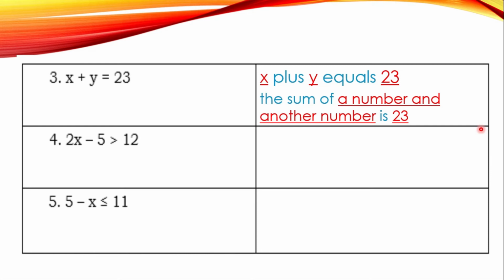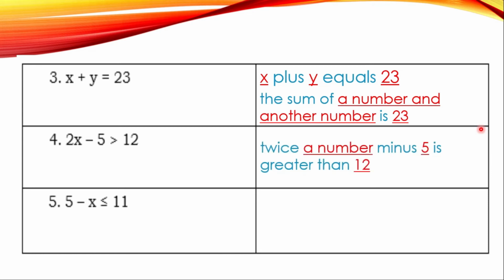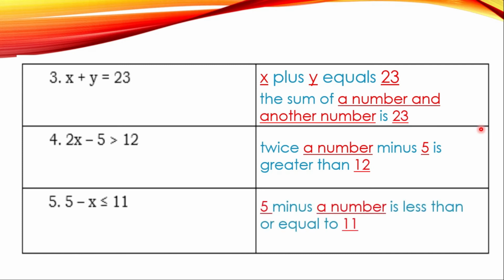Next example is 2x minus 5 is greater than 12. Ganyan siya. Or twice a number minus 5 is greater than 12. We also have number 5, which is 5 minus a number is less than or equal to 11.